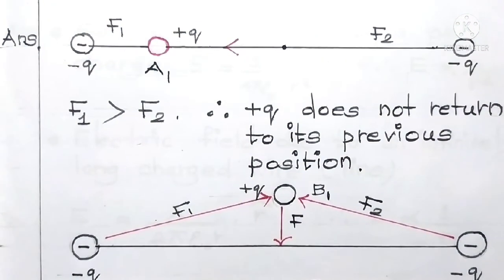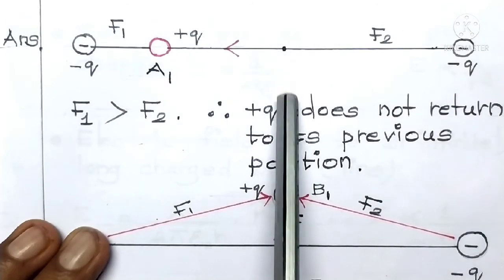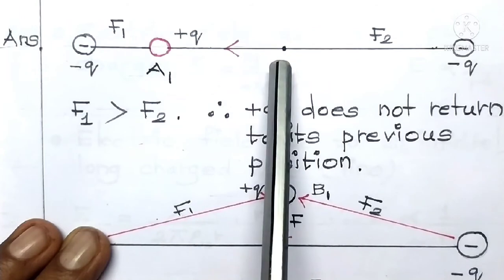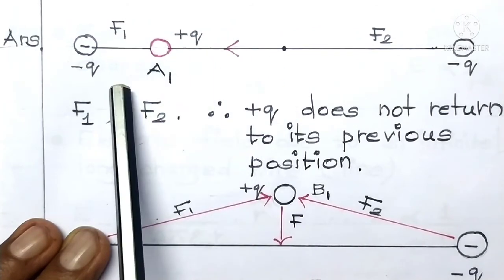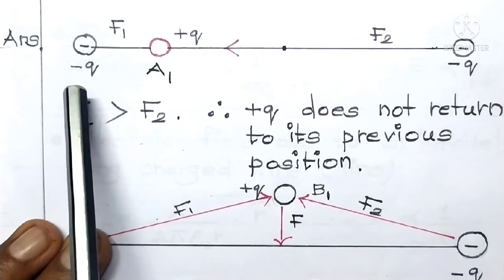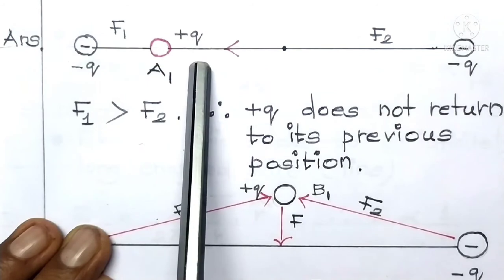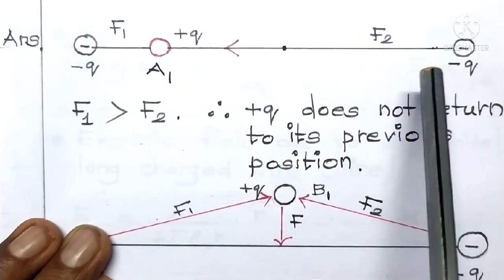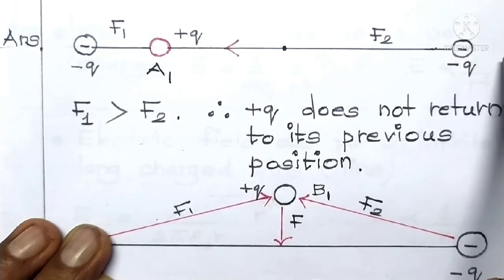Now, here you see, this is the midpoint P. First, let me move the positive charge plus q in the direction of A1. Now what happens? The distance in between this minus q and this plus q becomes less, and the distance in between the other minus q and this plus q becomes more.